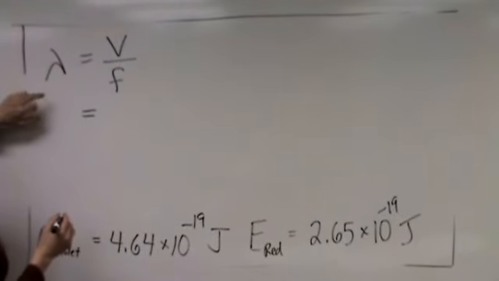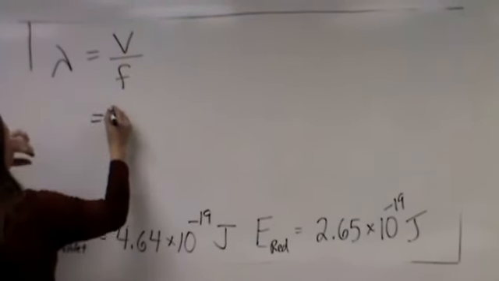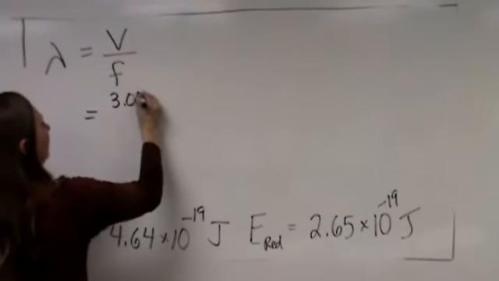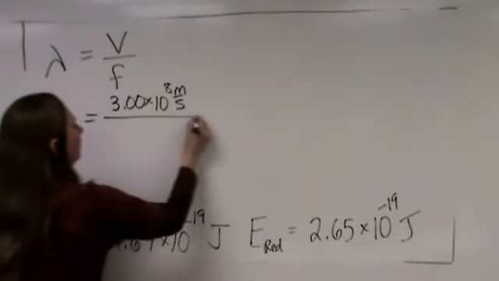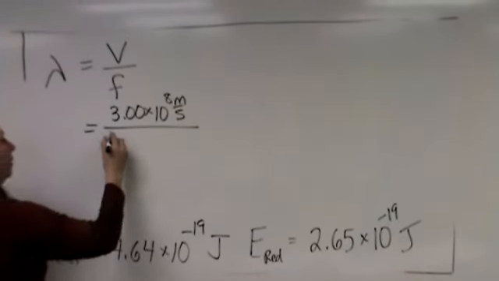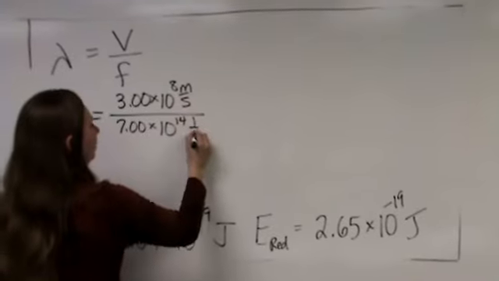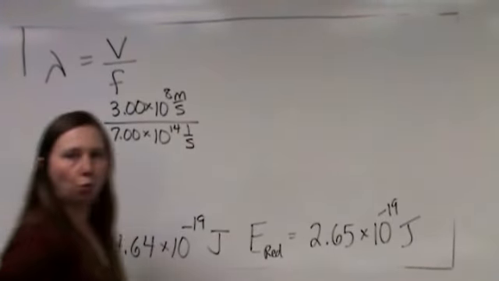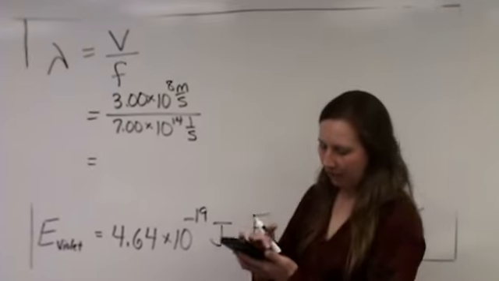What is a common wavelength for violet light? 3 times 10 to the 8th meters per second. The frequency that we had for violet light back at the beginning was 7 times 10 to the 14th, 1 over seconds. So what would be an acceptable wavelength for violet light?